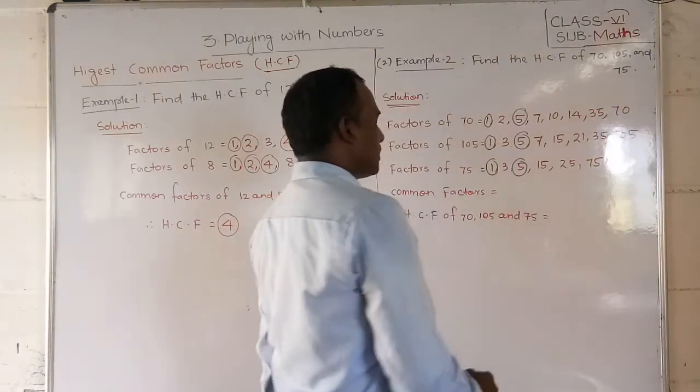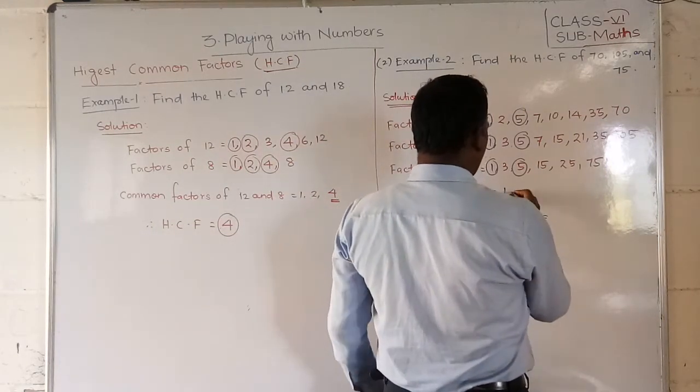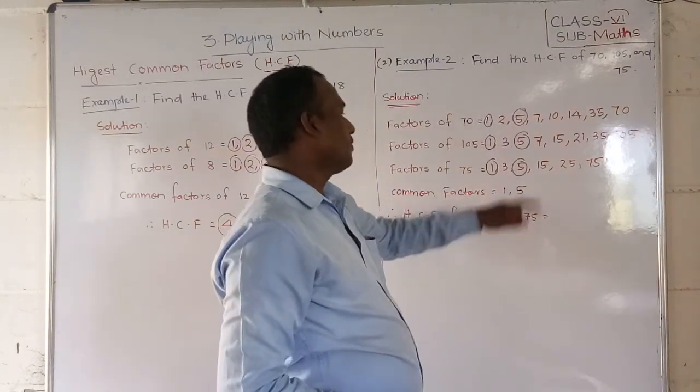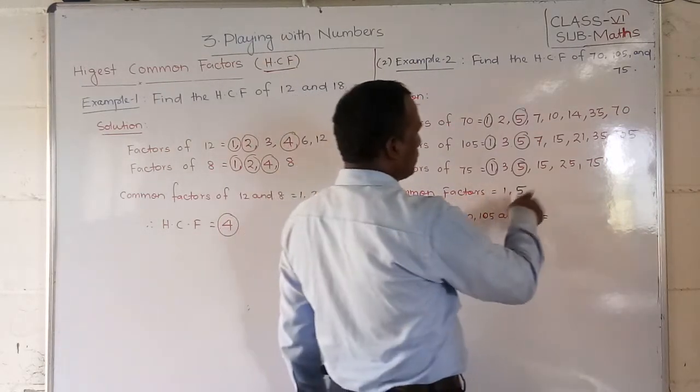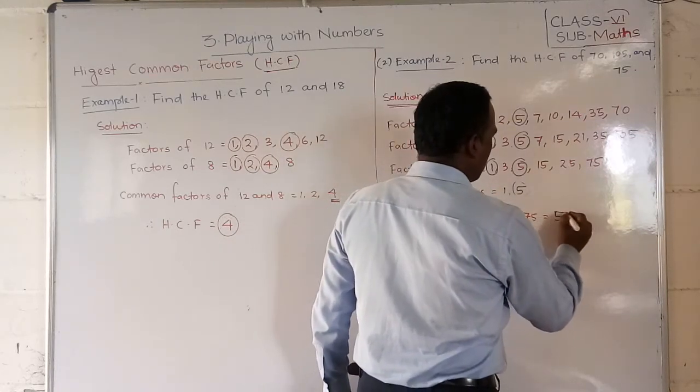So students, observe that the common factors are 1 and 5. So what is the highest common factor? 5 is the highest common factor. So the answer is 5.